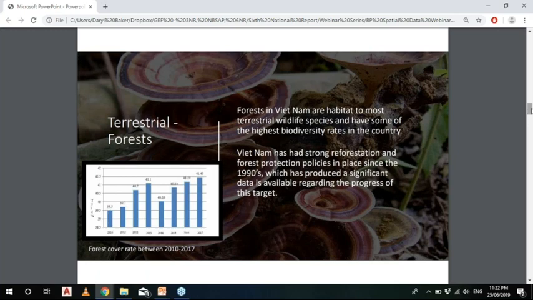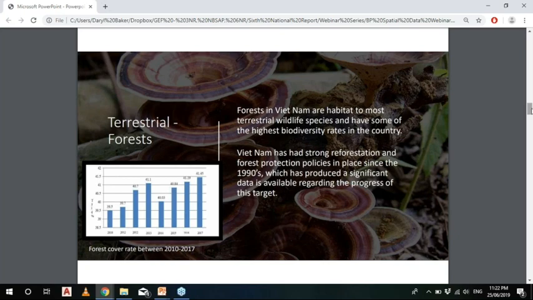So we have spatial data to show the whole picture of forest cover in Vietnam. In the past, due to different reasons like the war and also economic growth and land use change, the forest area was reduced. But in the 1990s, the country implemented different measures and actions to increase the forest cover.